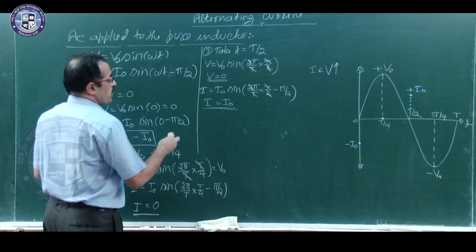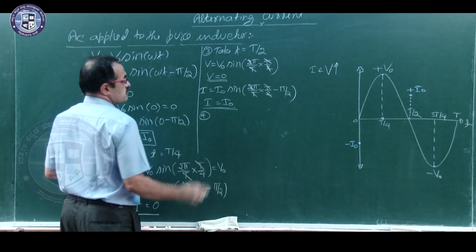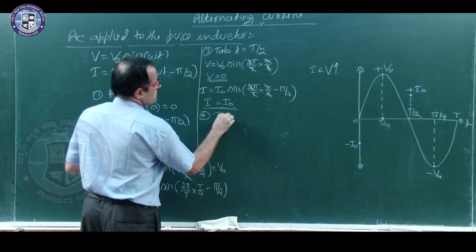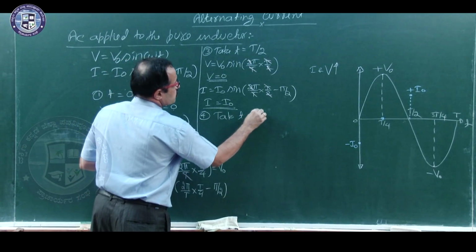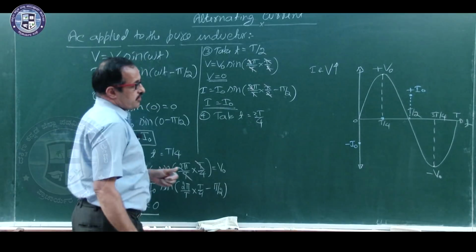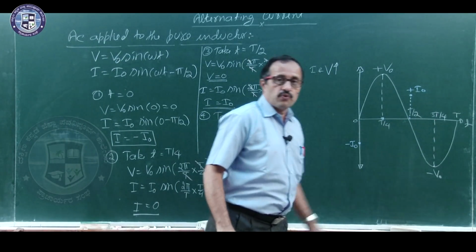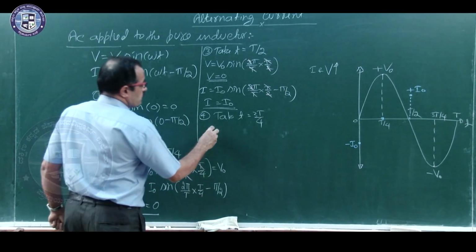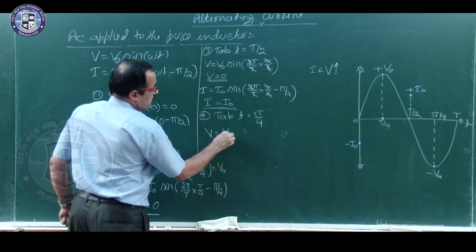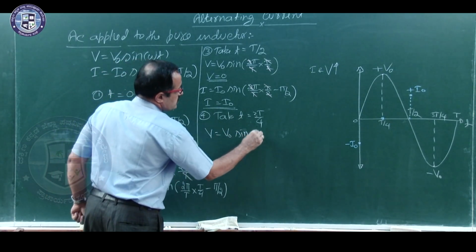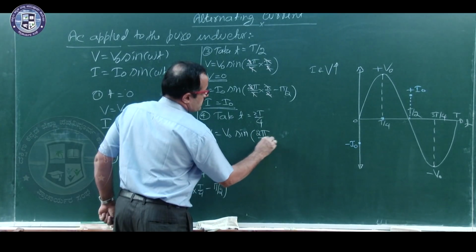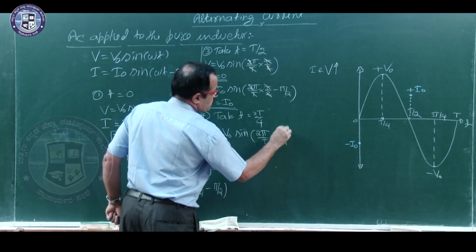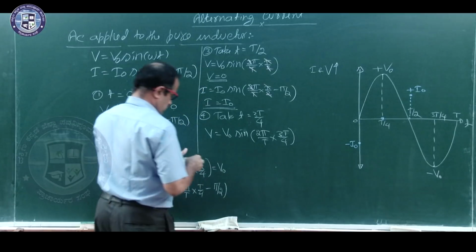Now, we take next point, fourth point. Take t is equal to 3T by 4, this point, 3T by 4. What is the voltage? V is equal to V naught sin 2 pi by T into 3T by 4. Okay.